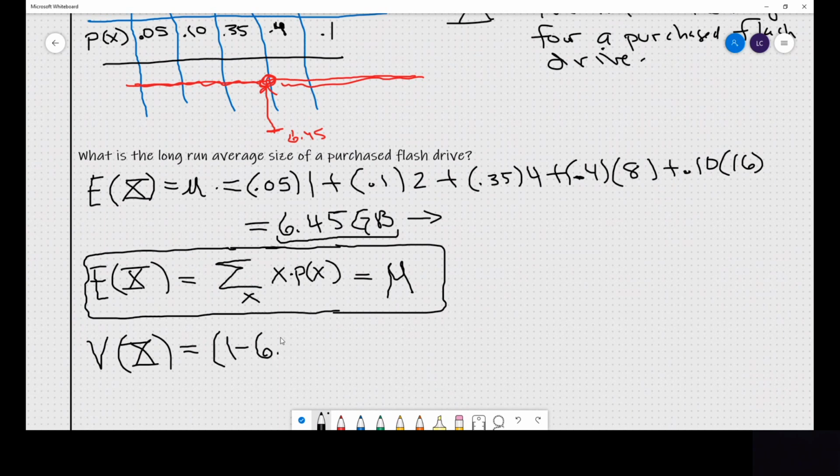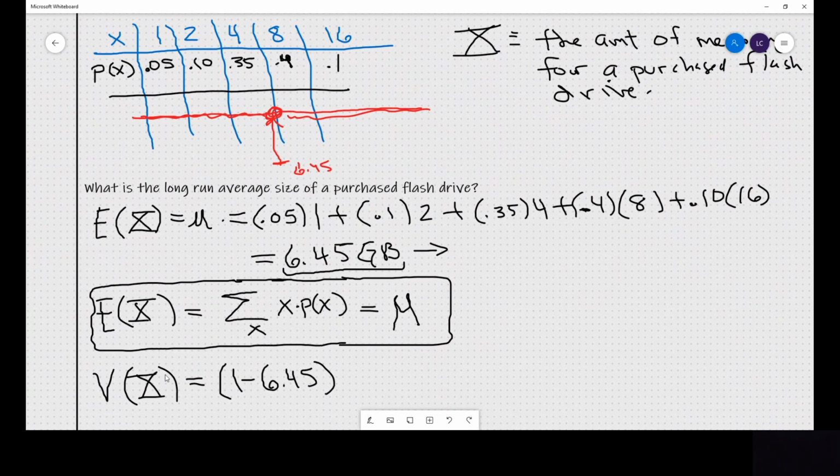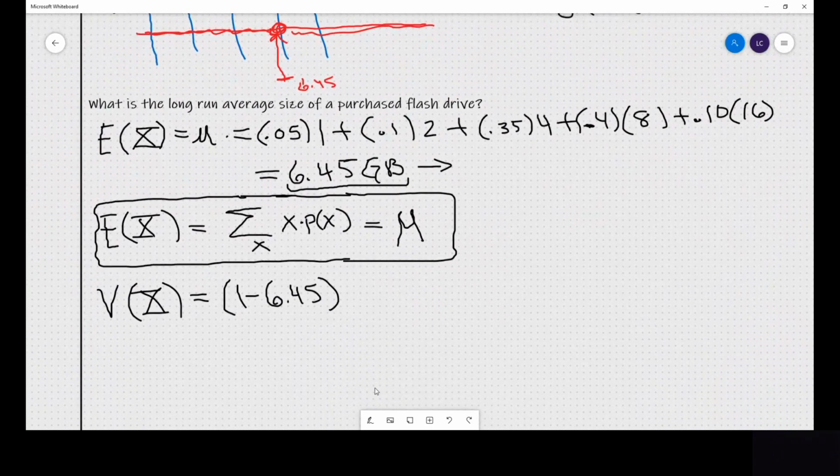We're just going to take 1 minus 6.45. And the problem here is, let's go back up here real quick and look, I don't want it to cancel out. So this would be a negative number, and then when I get on the other side of 6.45, I would be positive, and I don't want that to cancel out. So what we're going to do is square it.